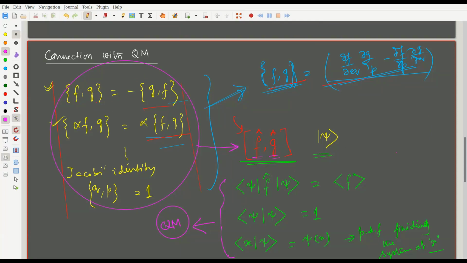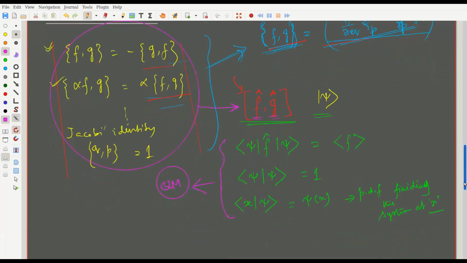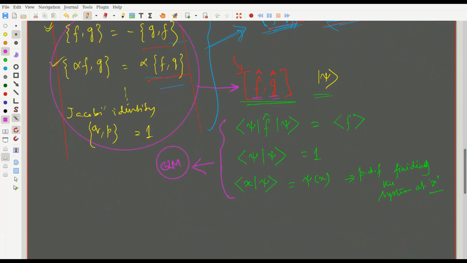So what you further notice is that if I have this description of nature, if I say that this is my expectation value, and the expectation value I measure, let's say energy and momentum, these are real quantities in nature.